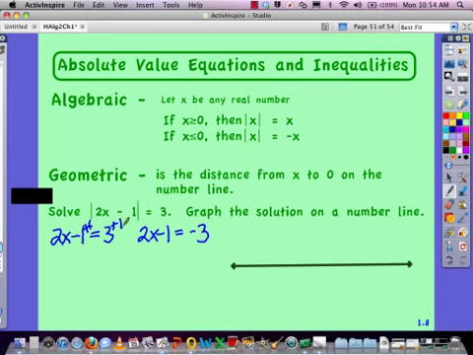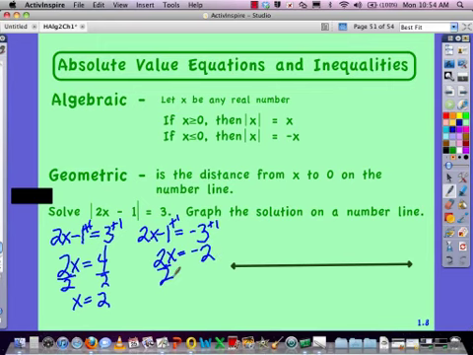Add 1 to both sides, we would get 2x equals 4, divide by 2, x equals 2. And over here, if you add 1 to both sides, 2x equals -2, divide by 2, x equals -1.